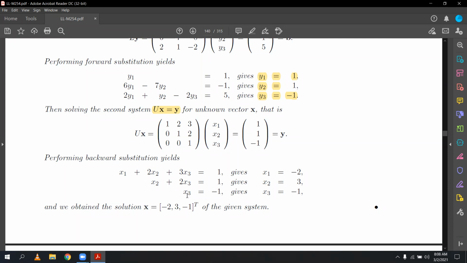Now you use backward substitution. You can easily find x3 is equal to -1. Put x3 = -1 here and simplify, and you will get x2 is 3. Put x3 = -1 and x2 = 3 here, and when you simplify, you get x1. And that is the solution of the linear system.